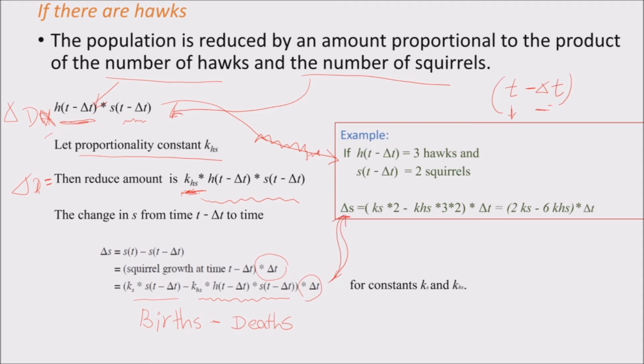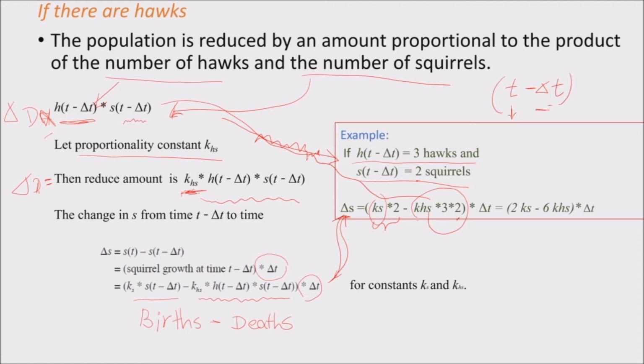So if I have three hawks and two squirrels, the change in population will be equal to the starting birth, or whatever the previous population of squirrels, multiplied by its constant. And then this is the part we are talking about right here: the constant times the population of hawks and the population of squirrels.